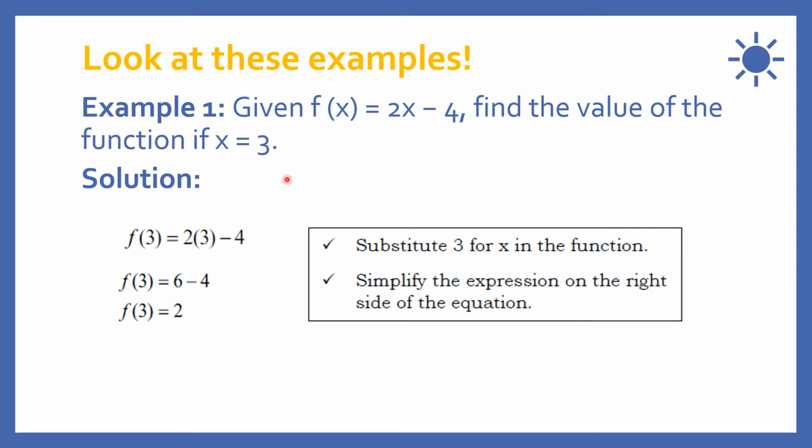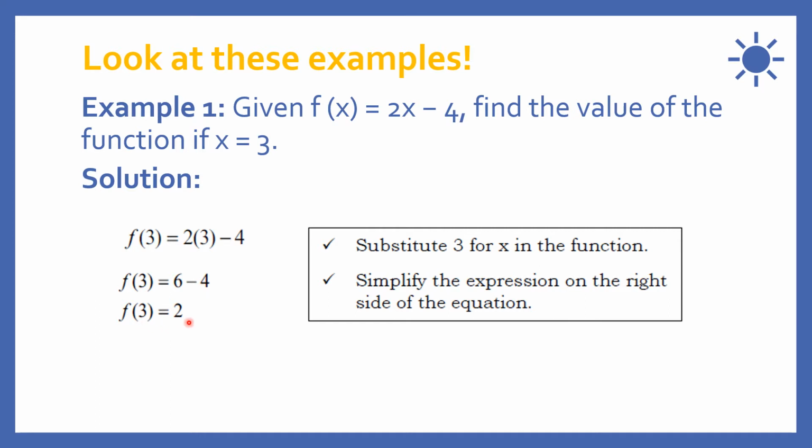Kaya instead na f of x, siya ay naging f of 3 is equal to 2 times, again, the value of x, 2 times 3 minus 4. And then, perform the operation. So, ito ay multiplication. So, f of 3 equals 6 minus 4. 6 minus 4, perform the operation.